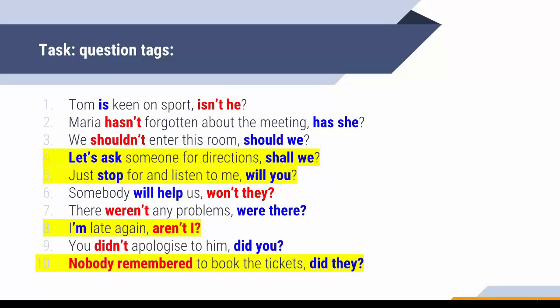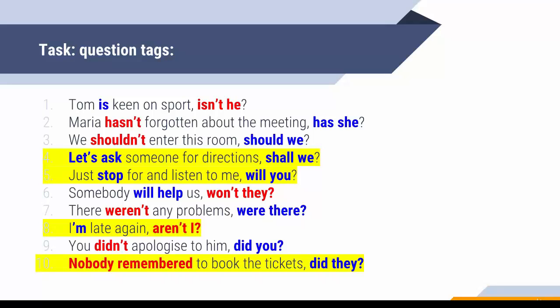Let's ask someone for directions, shall we? Be careful, it's an exception, and it's one of the sentences that are quite often given on tests and exams, and this is a sentence that people quite often find difficult to formulate. Let's ask someone for directions, shall we?